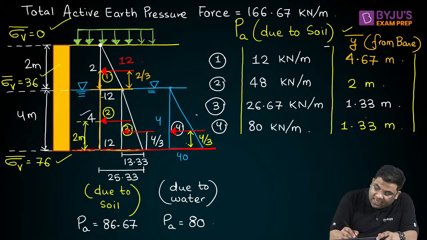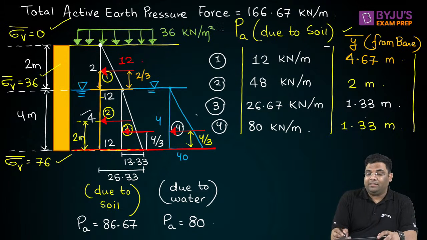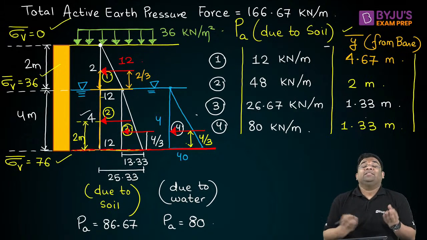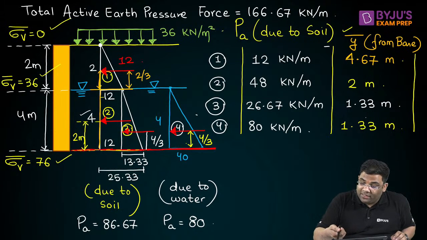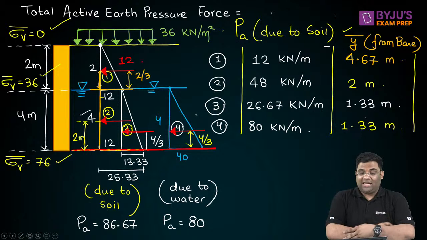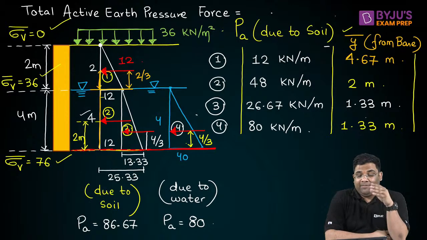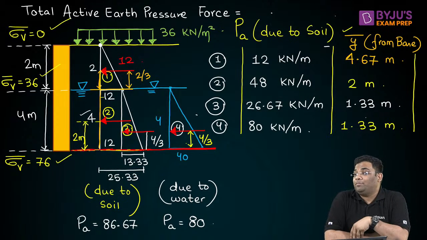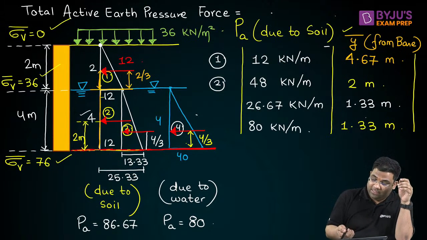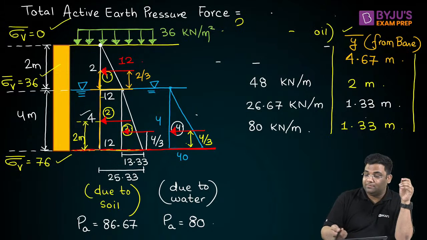This is the surcharge, and suppose the surcharge value is 36 kilonewton per meter square. Can you give me the total active earth pressure force now? If I am placing an additional surcharge now, then what will be the total active earth pressure force? Just write down. Let us see how many are able to answer this.